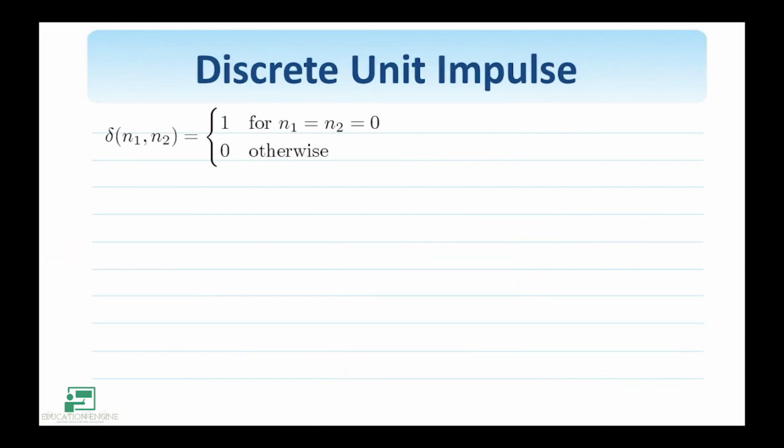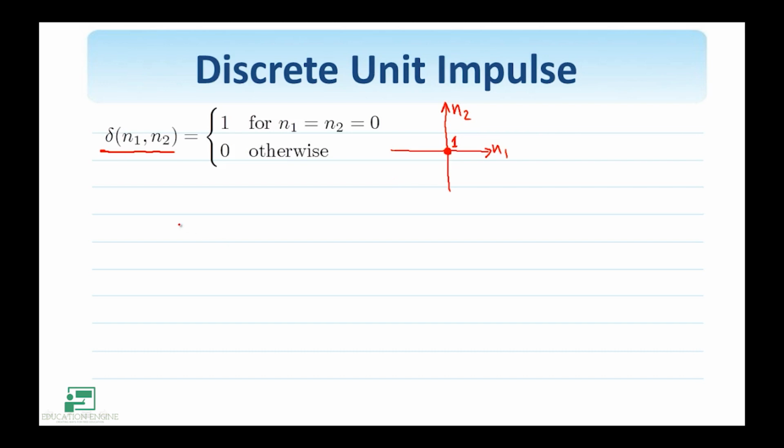Let us now talk about some specific signals that we will be making use of in this class. The first one is the unit impulse, we'll denote it by delta(n1, n2), and by definition it is equal to 1 when the arguments are equal to 0. So if I'm here on the 2D plane, here is n1, here is n2. Then I'll denote the delta like this, and the height of the delta equals 1.